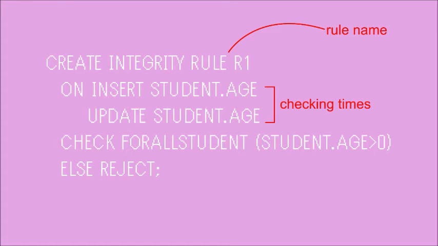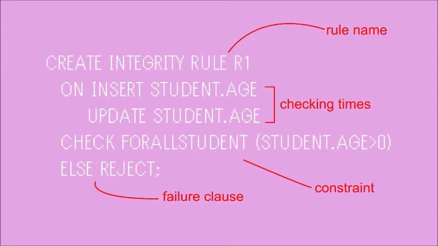This tells our system where to look when we set a constraint on a particular field. The third line is of course our integrity constraint. In this particular example, our check constraint searches the student table and checks whether the student's age has a valid amount. And naturally, any invalid input will be rejected.